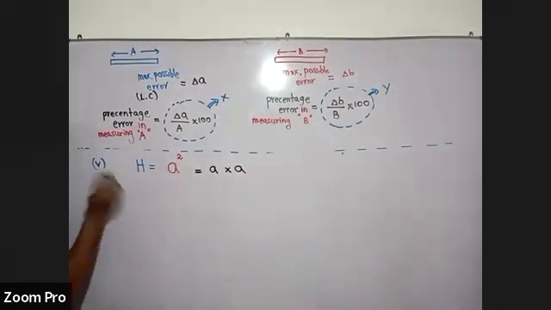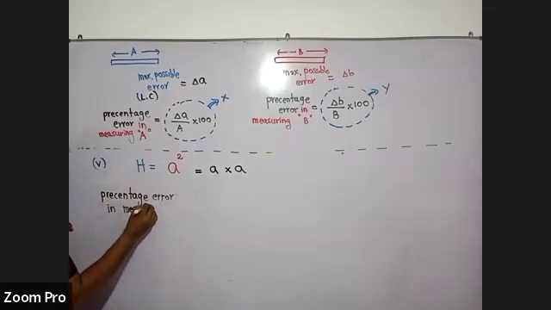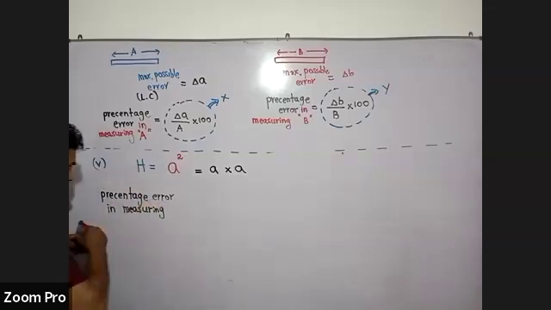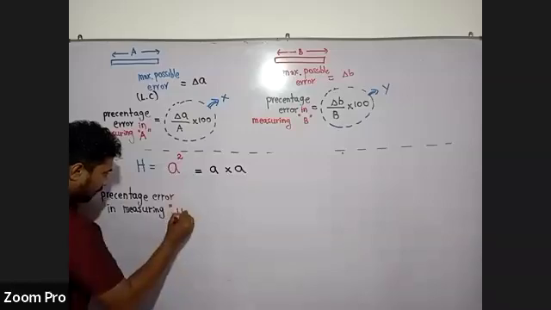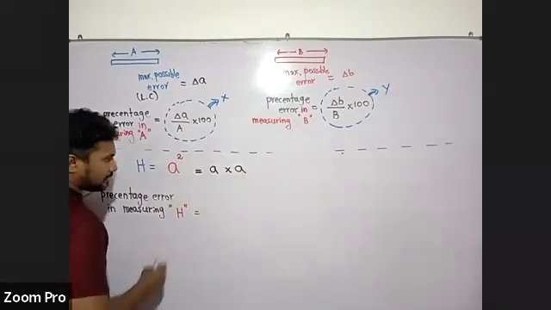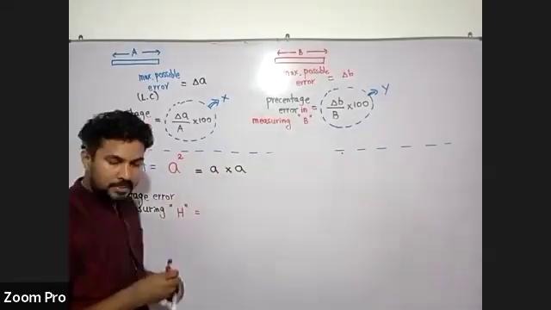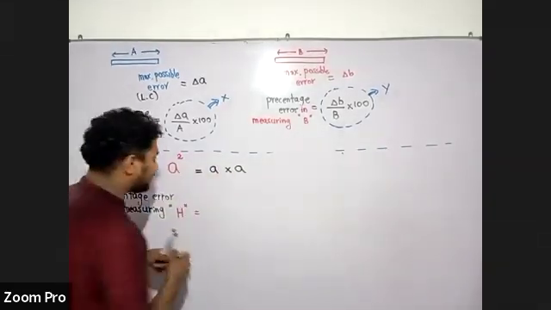So the same thing, the percentage error in measuring H can be obtained as, now A squared means A into A. Even though there's a multiplication, the errors always add.